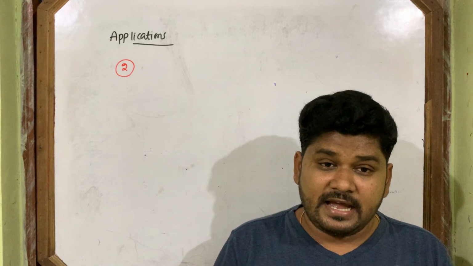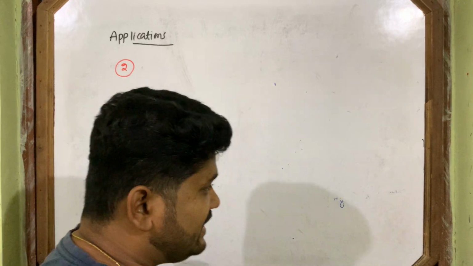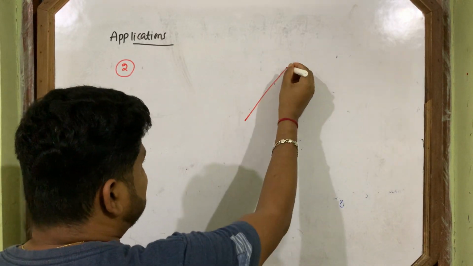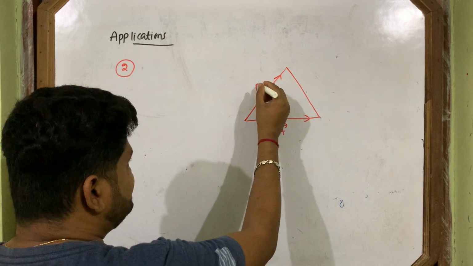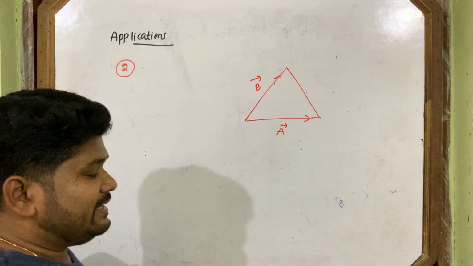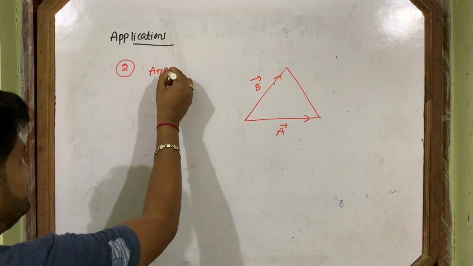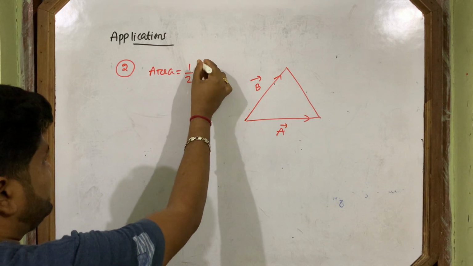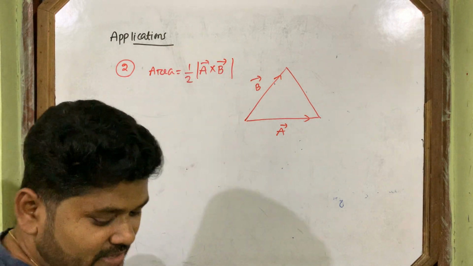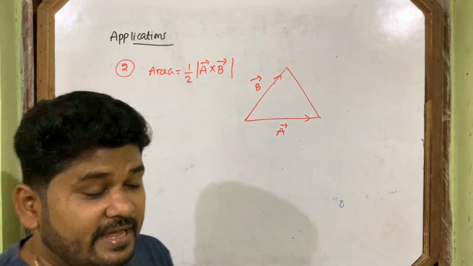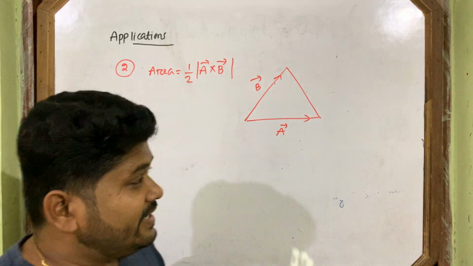If A vector and B vector are two sides of a triangle, suppose this is a triangle, in this triangle this is A vector, this is B vector, then the area of this triangle is equal to half of the magnitude of A vector cross B vector. So this is the area of this triangle.